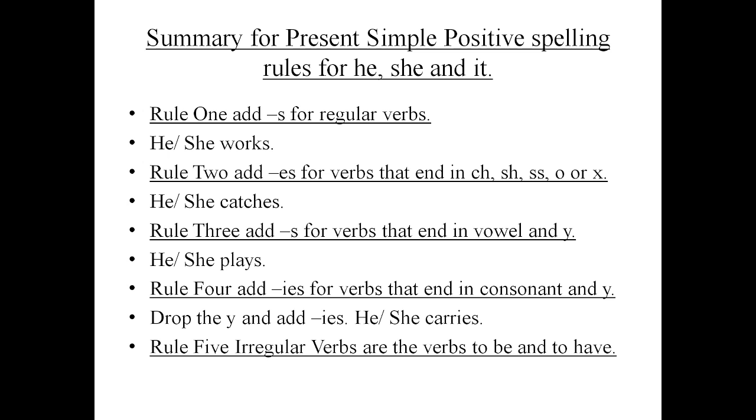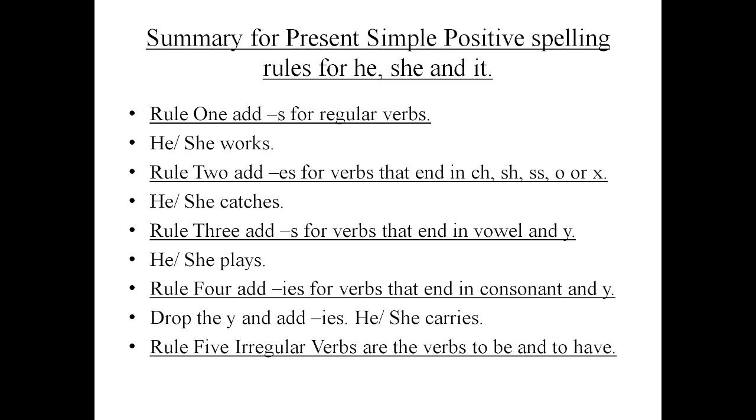So the summary for present simple positive, what we're looking at so far for he, she and it as a third person. Rule 1, add S for regular verbs. He, she, it works. There's an example. Rule 2, add ES for verbs that end in CH, SH, SS, O or X. He, she catches.